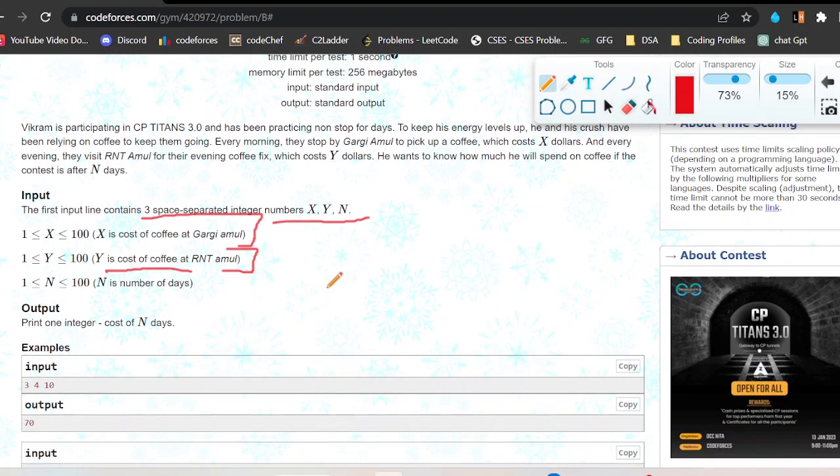Okay, so every day he has coffee two times, evening and morning, so the total cost for a day will be x plus y.